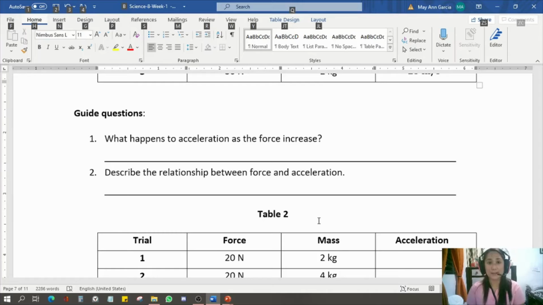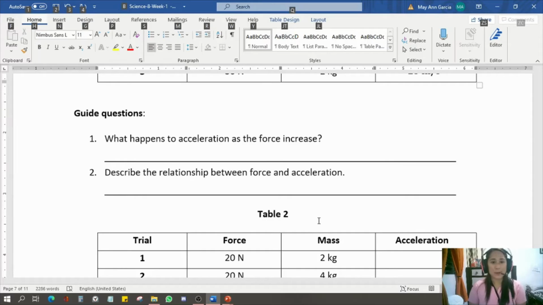Okay, you write it down. Ten counts, then we will check your answer. 10, 9, 8, 7, 6, 5, 4, 3, 2, 1. Time's up. Then let us check your work.